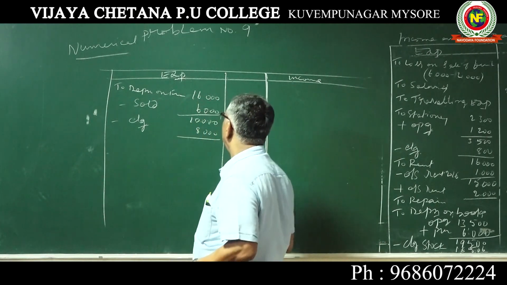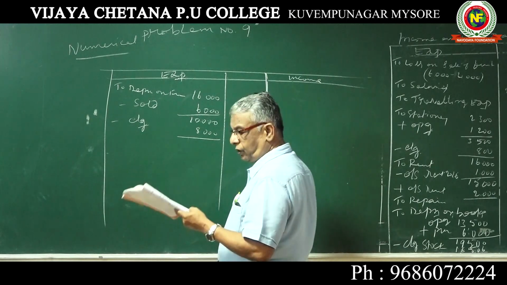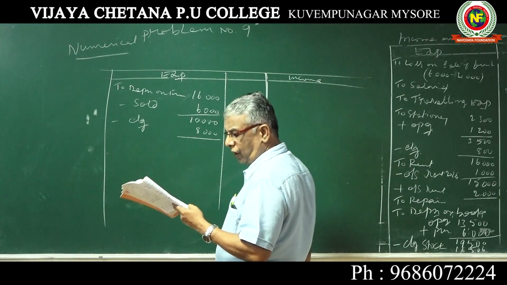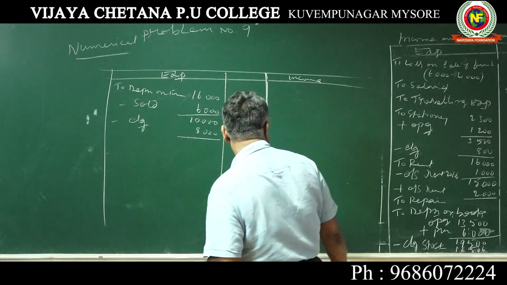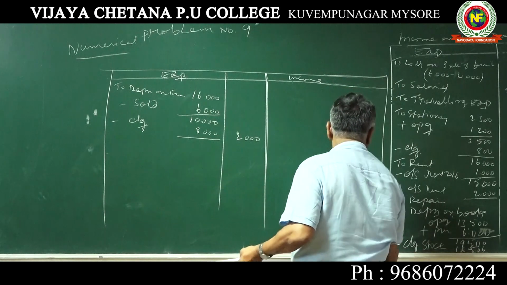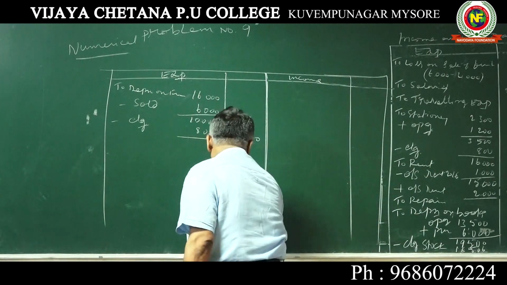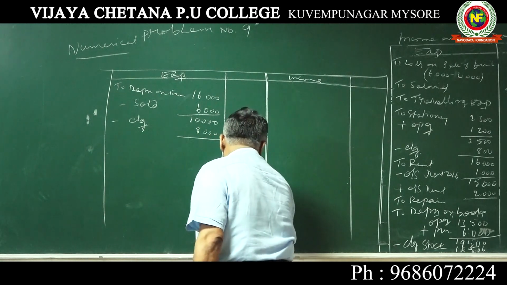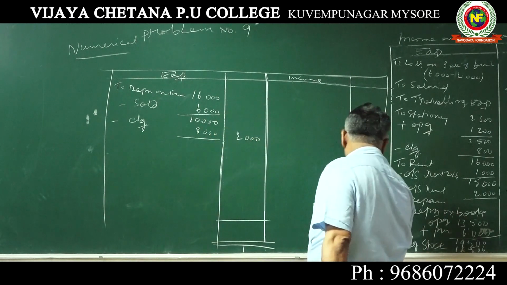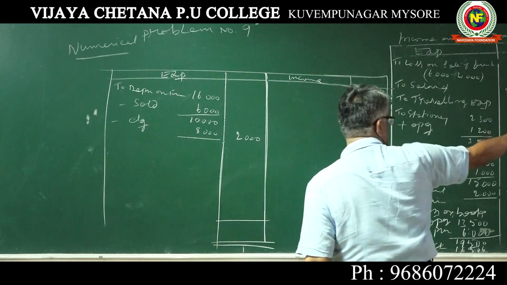So now we are having only 2,000 rupees of depreciation on furniture. And then if you find out the difference, the total we are going to get here is 68,500.